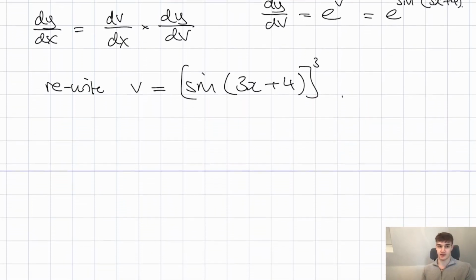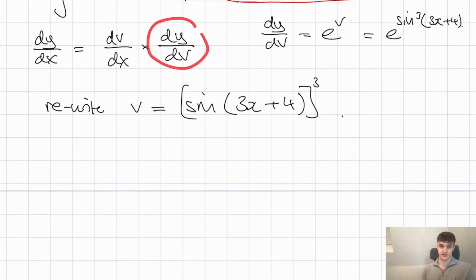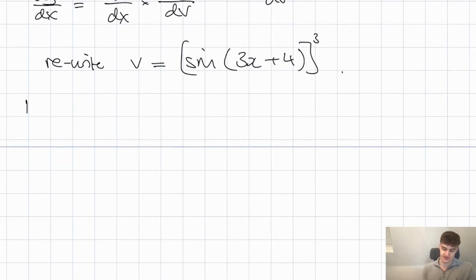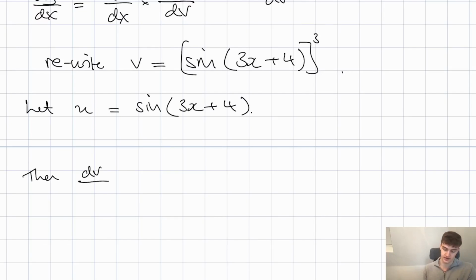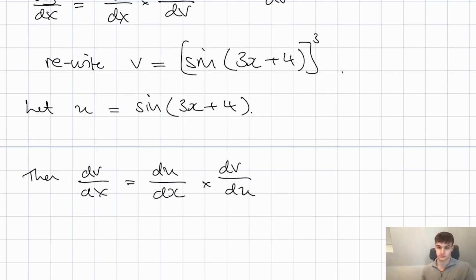So I need dv by dx now, right? I've got this, I need this part. So let's let u equal sine of 3x plus 4. Then we know that dv by dx is equal to du by dx times dv by du. Okay, so let's work that out.